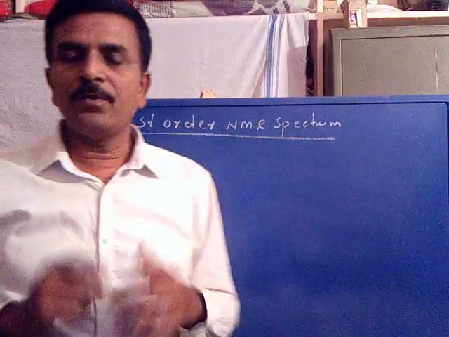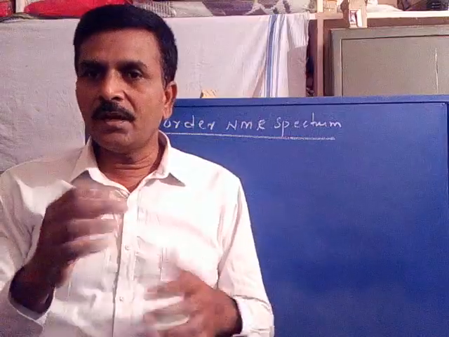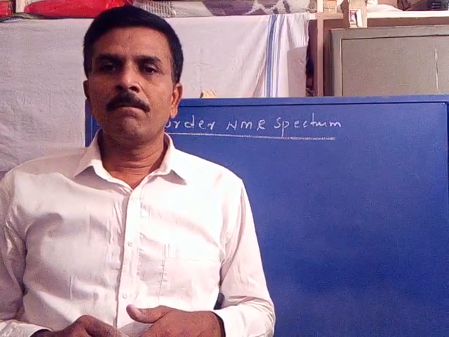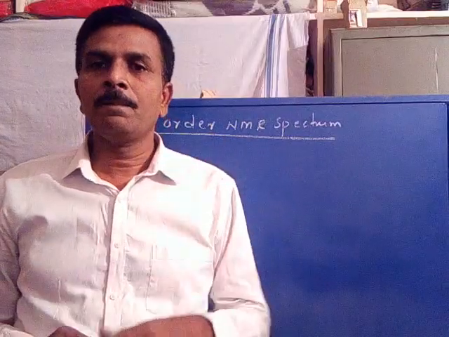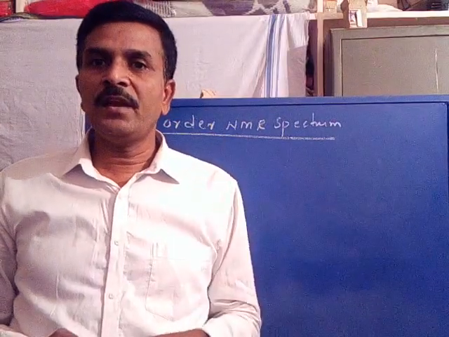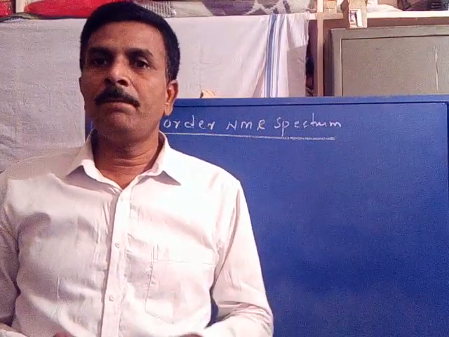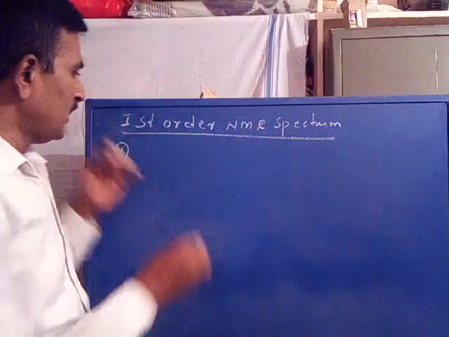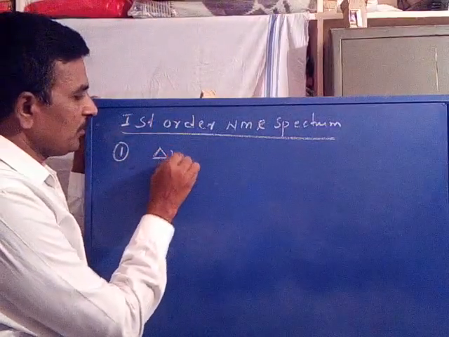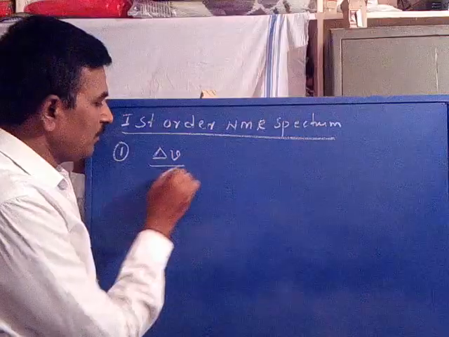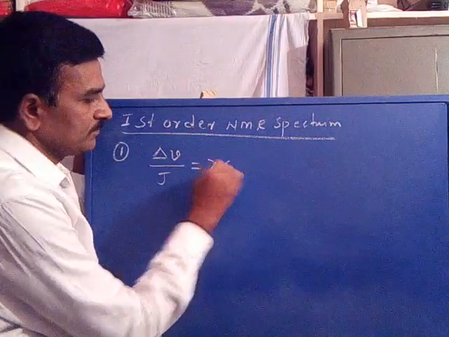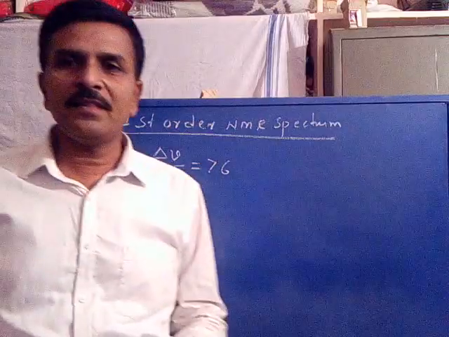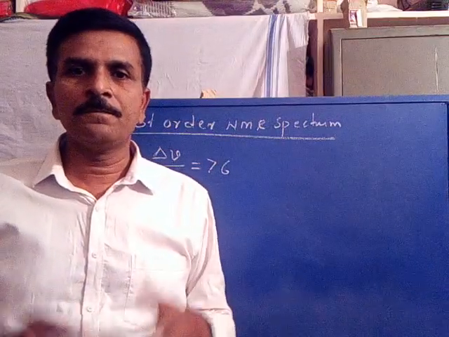that is, a set of protons in a molecule which are in coupling and separated by large frequency difference, or their frequency difference is not comparable with their J value, that is the ratio of delta nu divided by J, if it is greater than 6. Are you following?